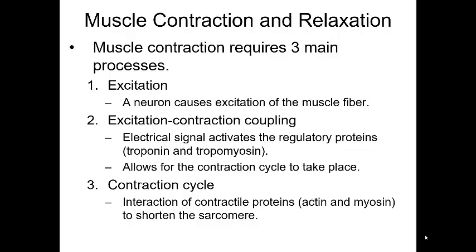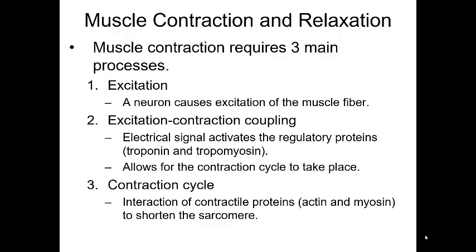So when this signal comes to the muscle fiber, an electrical signal has to activate the regulatory proteins. You should recall the regulatory proteins that we talked about in the last part of this chapter. Those 2 regulatory proteins are troponin and tropomyosin. These allow the contraction cycle to take place.